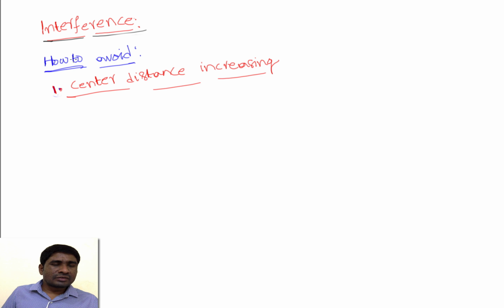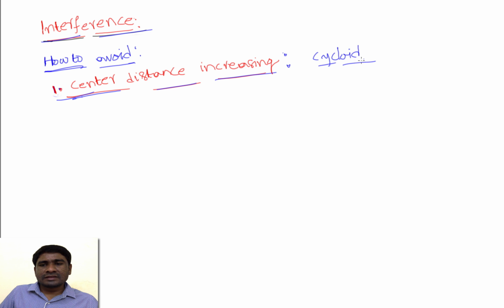So we know that interference is undesirable. Then how do we avoid the interference? There are so many methods. The first one is increasing the center distance. But this is a limited one, because we cannot increase the center distance in case of a cycloidal one. What happens in case of a cycloidal one? If you increase the center distance, then it no longer satisfies the requirement of maintaining the constant angular velocity ratio.